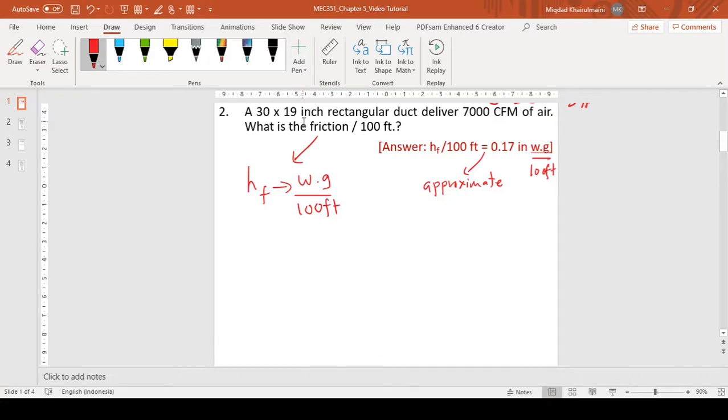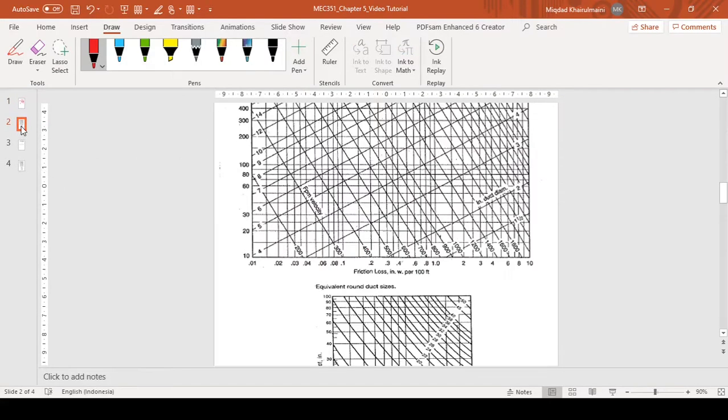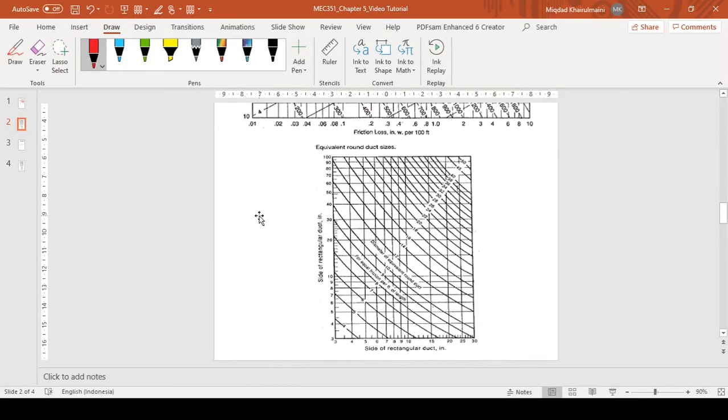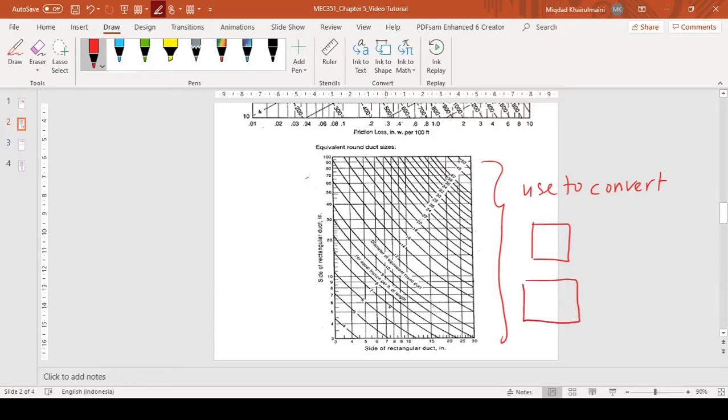Using the second chart, which is the equivalent rectangular duct chart, we have to convert the rectangular duct into a round duct. This chart is used to convert a rectangular or square duct into a round duct.